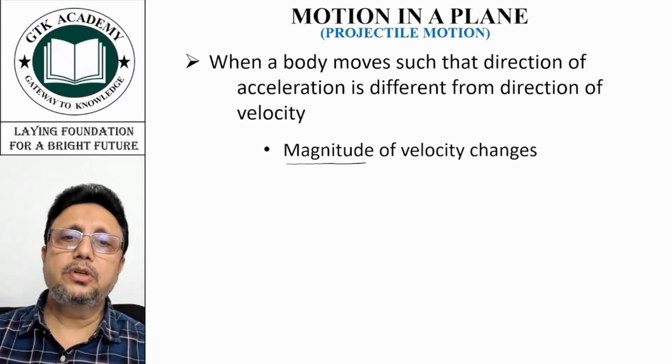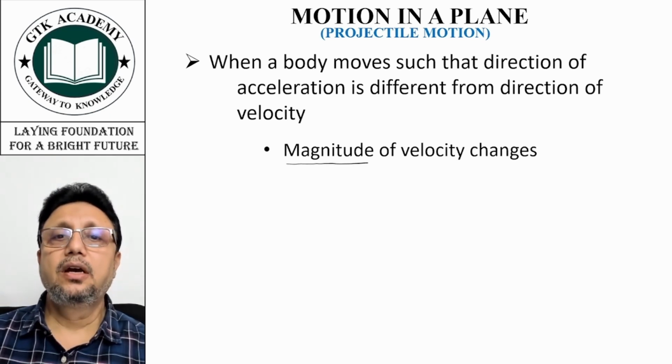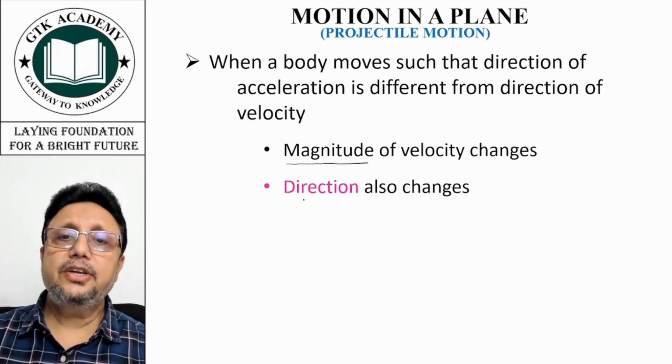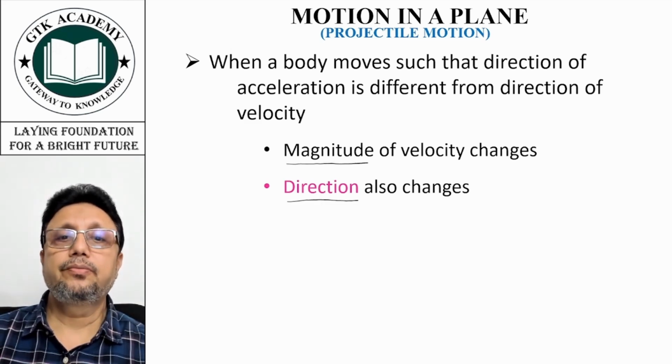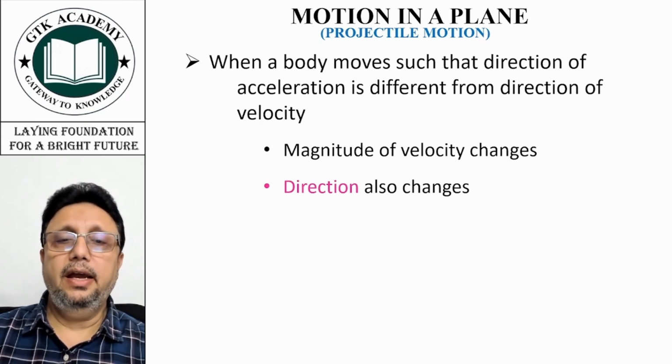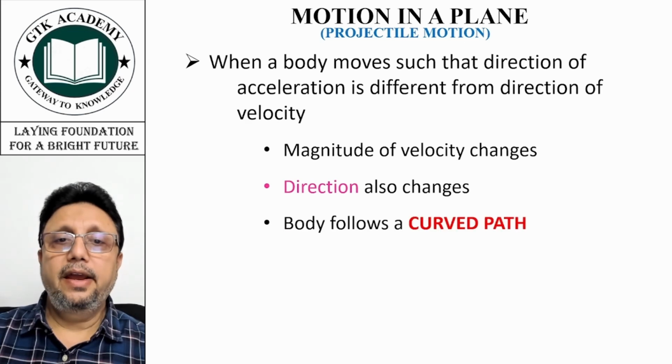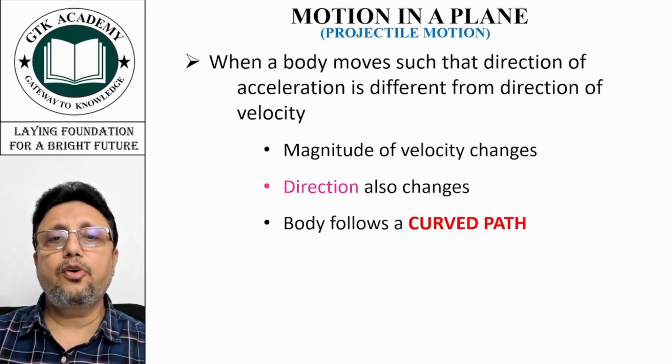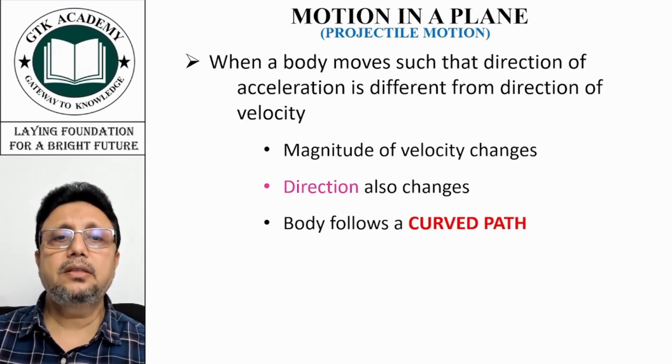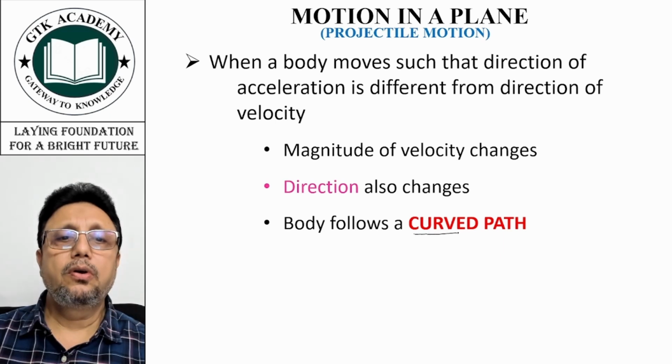Magnitude, of course, yes, it will change. But one more thing will happen, the direction of velocity will also change. And here the body, instead of following a straight line path, will follow a curved path.